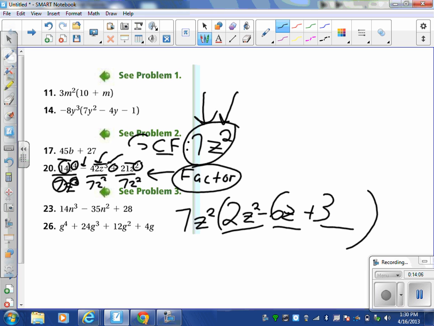What am I going to do with the exponents? 2 minus 2 is 0. So how many z's are there? 0. So all I need to do is just write the number. 21 divided by 7 is 3. So my final answer is going to be 7z squared. And then inside the parentheses, we have 2z squared minus 6z plus 3.